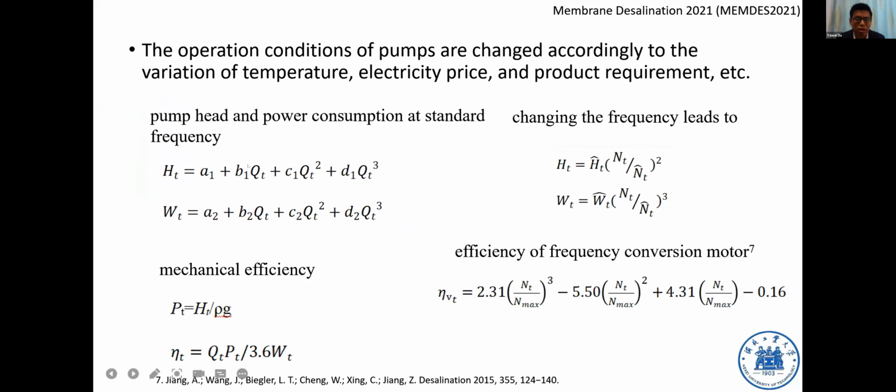So we calculate the pump head and the power consumption at standard frequency, and if we change the frequency, it will lead to the following change, and we can calculate the efficiency of the pumps, and the efficiency of the frequency conversion motor will be calculated based on the following fitting equation.